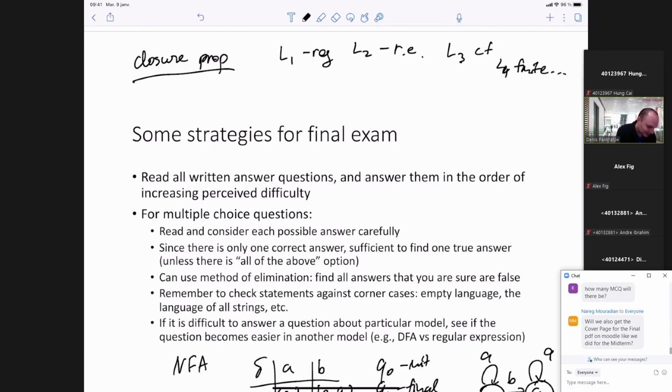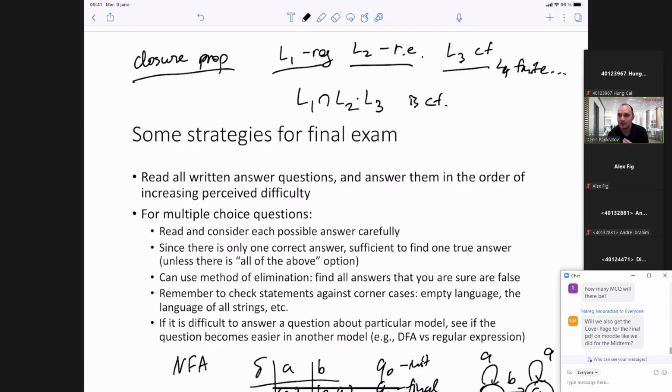And then you're asked about some crazy combination, L1 intersection L2 dot L3 is context-free or whatever. And you want to see if it's always true, or there are examples where it is not true. The information provided that L1 is regular, L2 is recursively enumerable, and L3 is context-free is not enough to conclude that this is context-free.